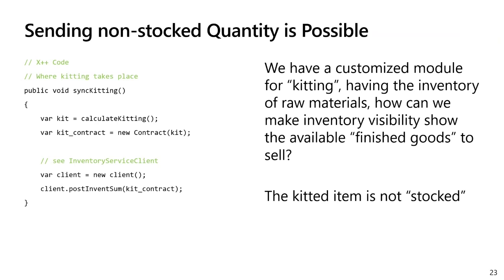The first step is to calculate the kitting and store the results. The second step is to make what we call a contract class to map the kitting results to proper fields and values. And the last 2 steps are the same as the previous example, to make a new inventory service client and call the post on-hand API to send the kitting contract.